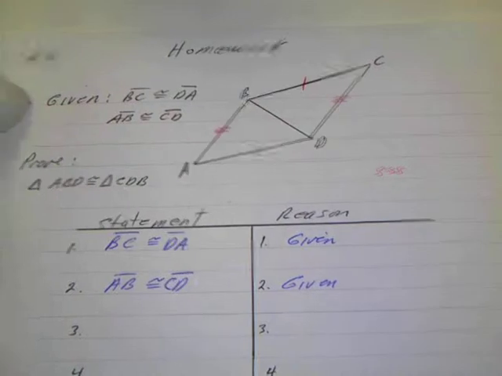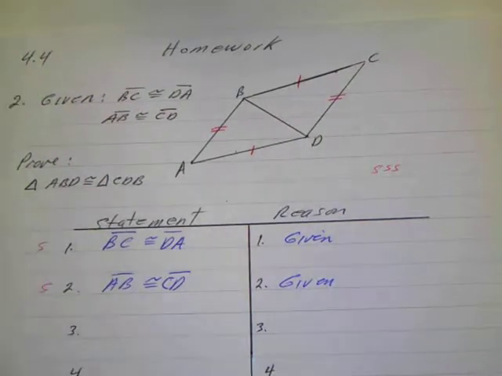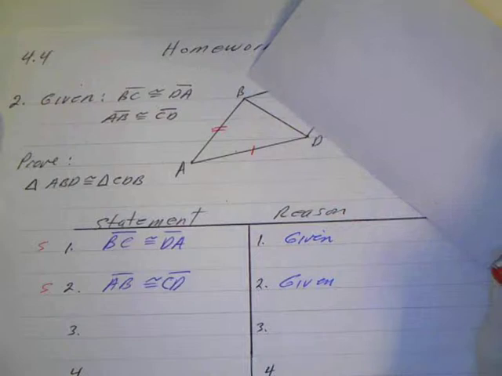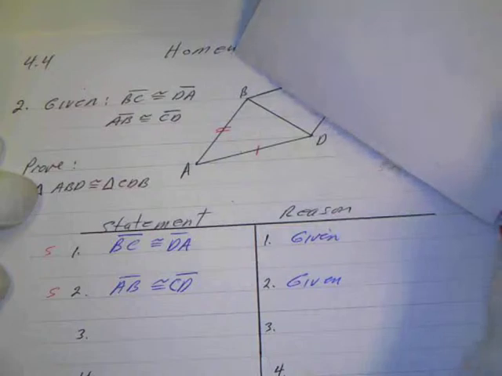So we survey what we've got, and we've got two pairs of sides. Okay, side, side. So we need one other side, and we notice that this is my one triangle, ABD, and this is my other triangle, CBD, and notice how they both have the same side, BD.